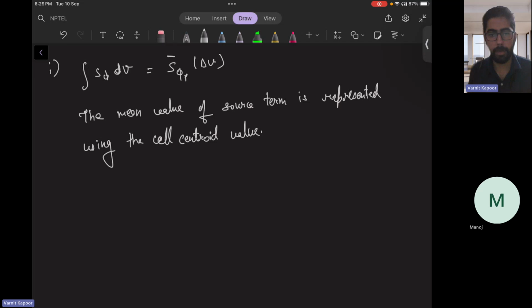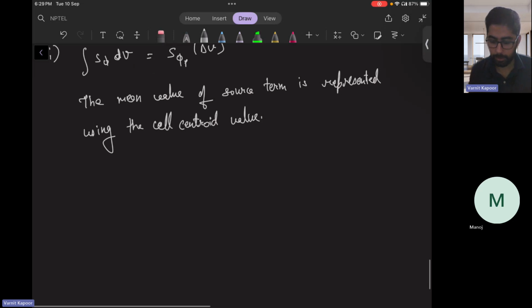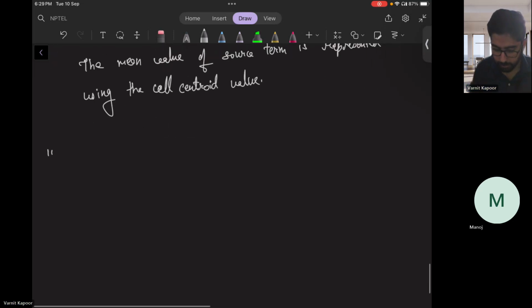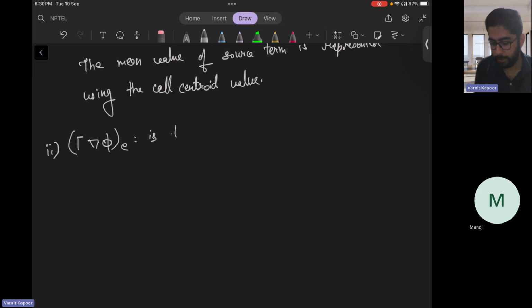Then when you deal with gamma grad phi of east, it is taken to be the value at the face centroid, okay, not for the complete face. That is another assumption, which leads to the truncation errors in steady diffusion case.